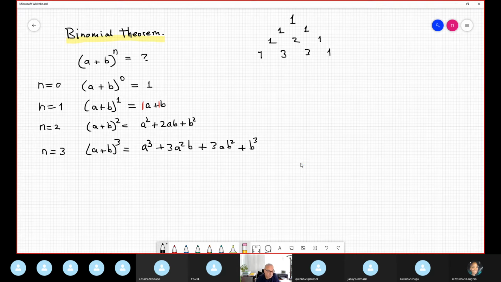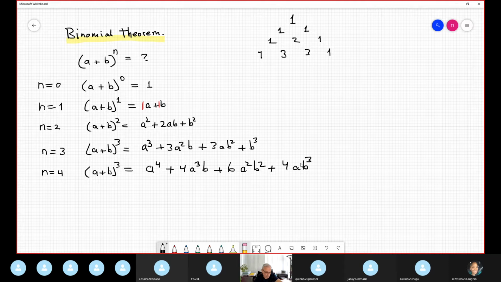Suppose n equal 4. Now multiply again, a plus b cubed times a plus b to the 1 power, and you get a to the 4 power plus 4 a cubed b plus 6 a squared b squared plus 4 ab cubed plus b to the 4.